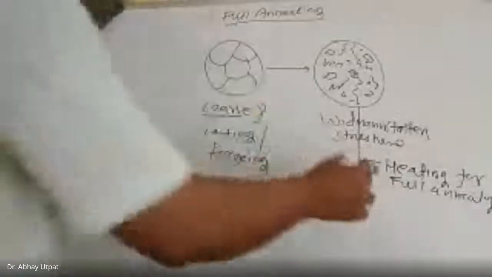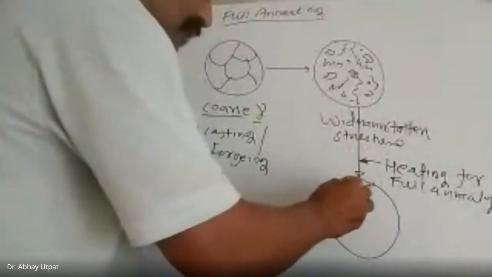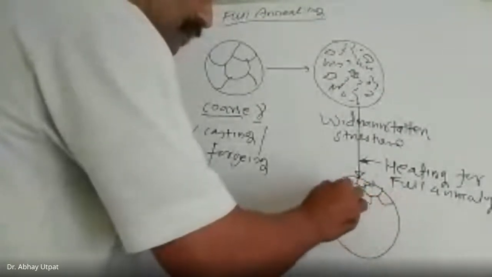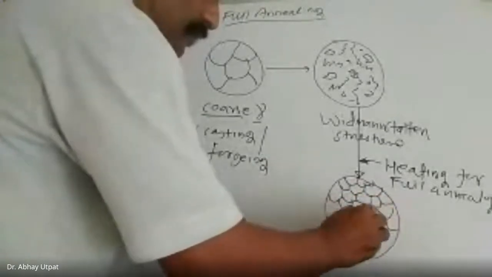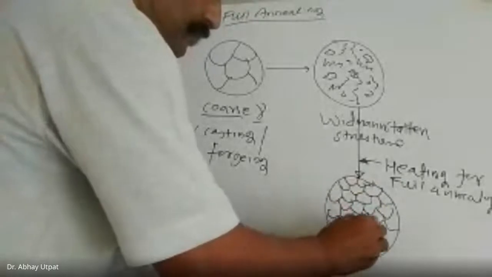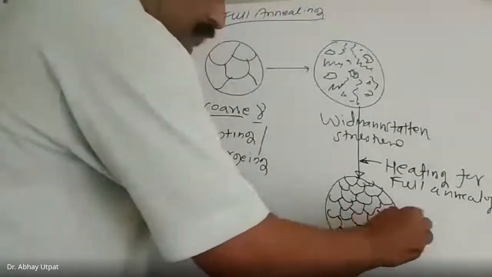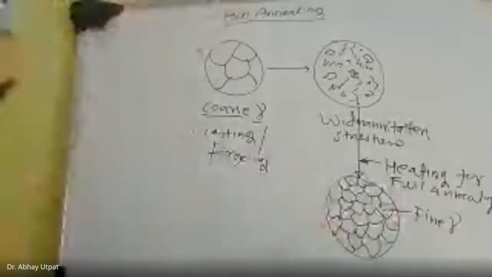Heating for full annealing will give fine austenite, fine gamma.